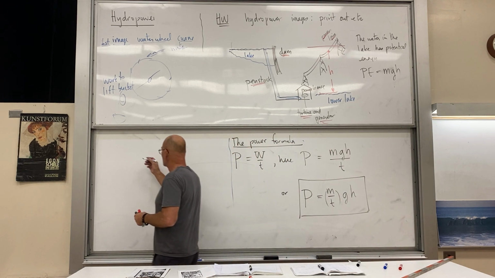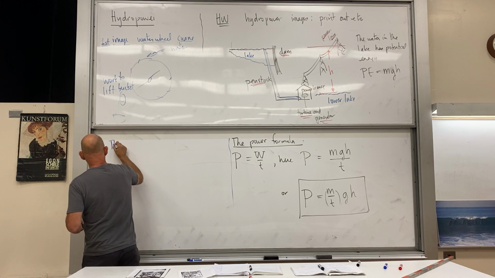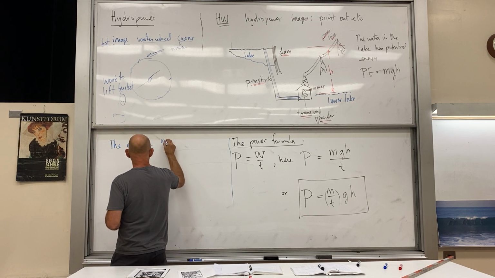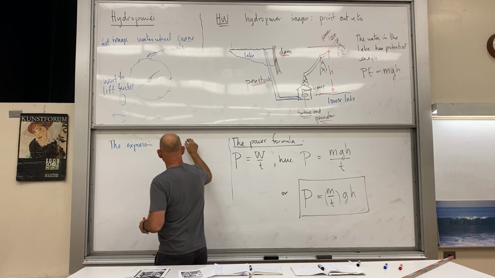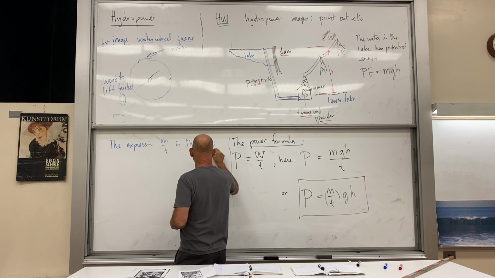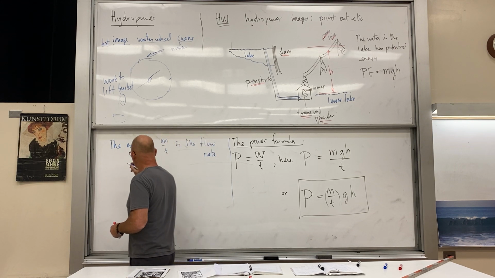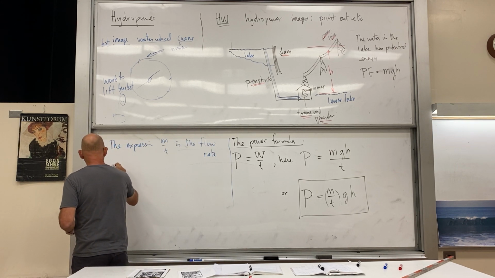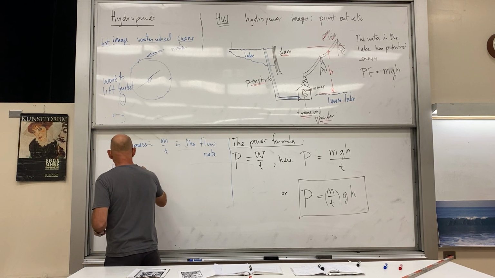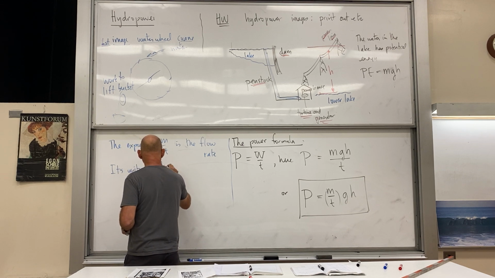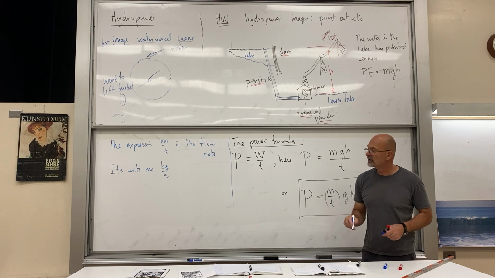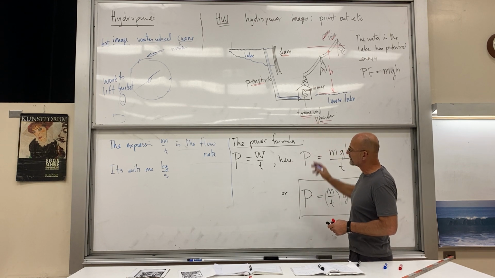Continuing over here. The expression m divided by t is the flow rate. Its units are kilograms per second, so kilograms per second of water flowing through the penstock.